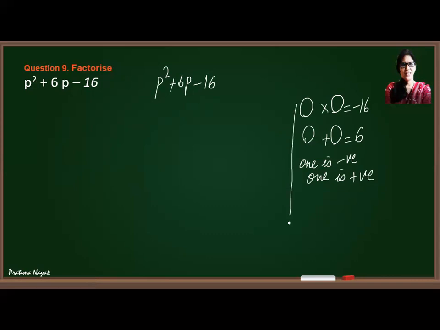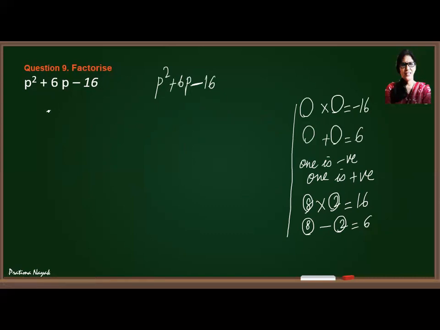At first I'll not think which one is positive and which is negative. I'll first think of two numbers that multiplied give 16, and when subtracted give 6. Subtracted means they are opposite signs. So what are the numbers? It will be 8 into 2, 16. 8 minus 2 is equal to 6.